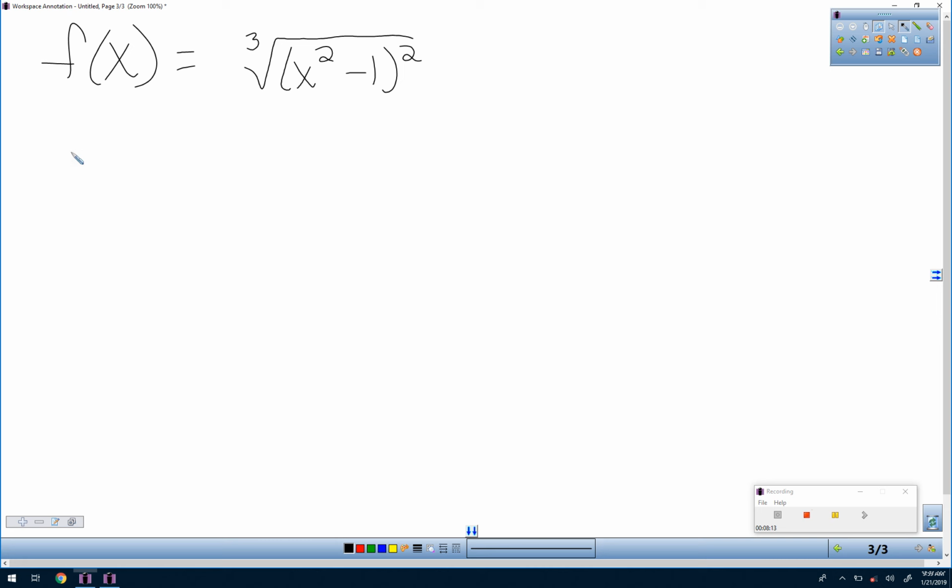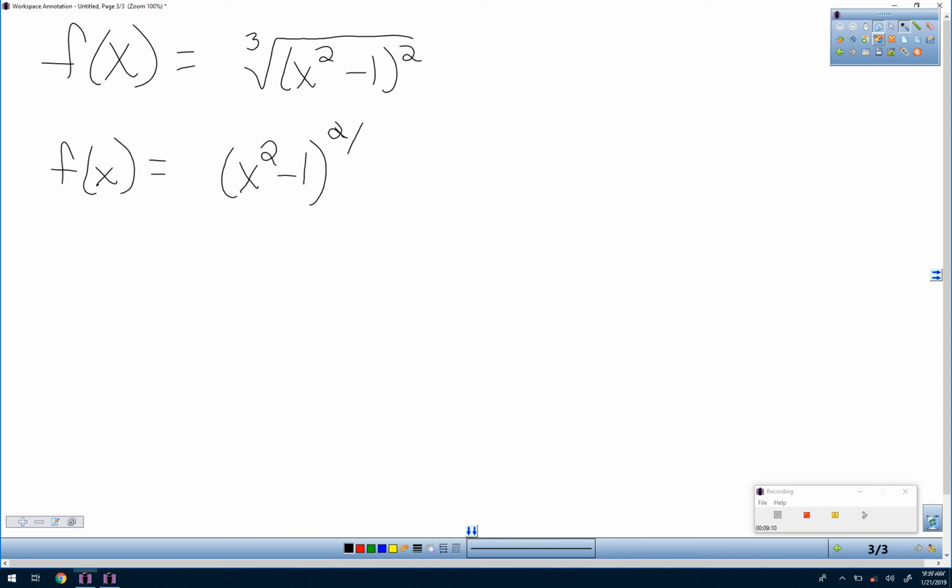What we have learned from pre-calculus is how to rewrite a radical in terms of a power, a rational exponent. And what that means is I would rewrite this as simply x squared minus 1 to the 2/3 power. And that looks really rough, so let me try that again.